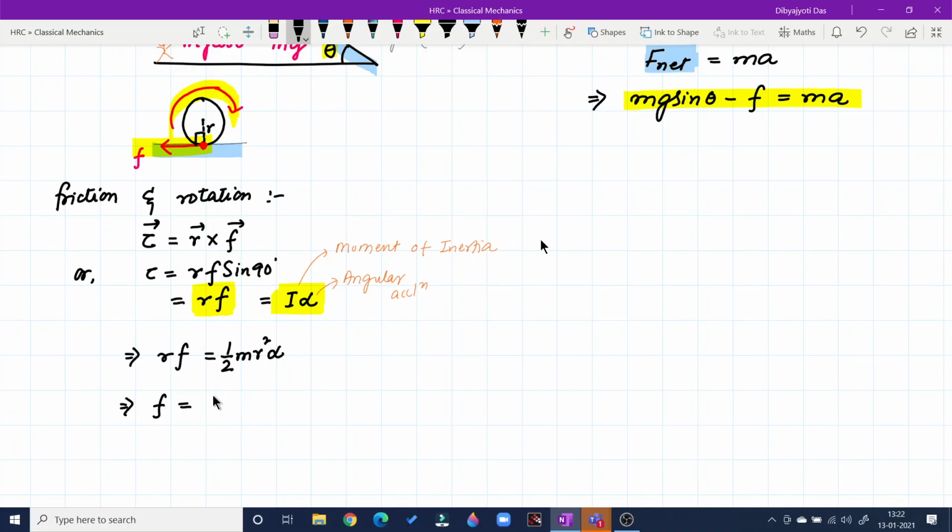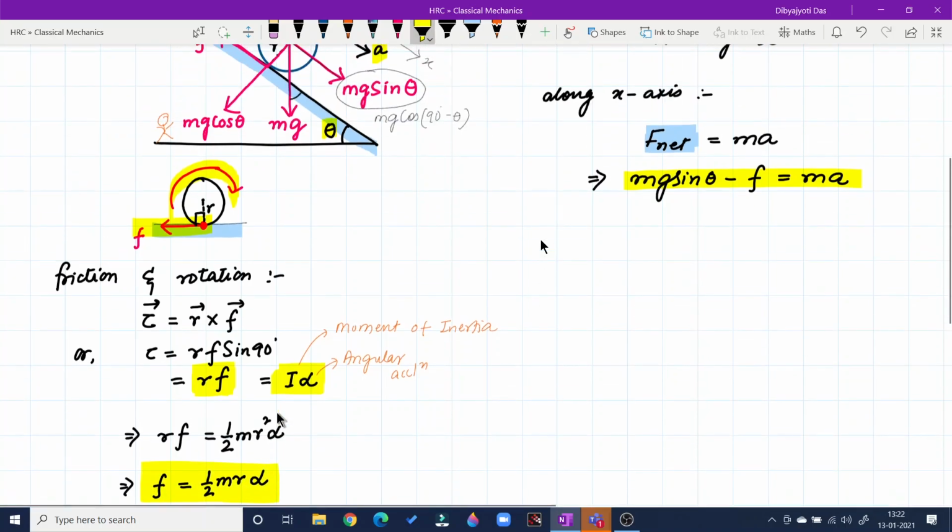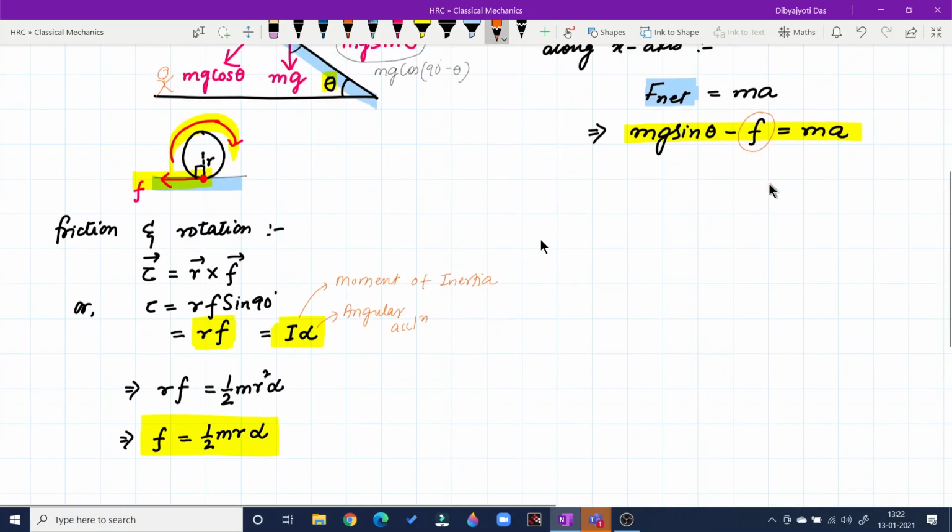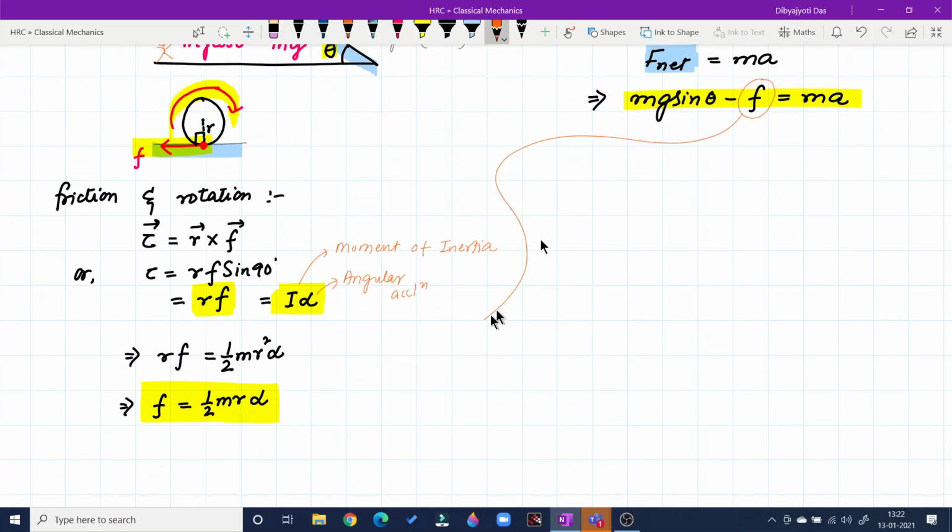So friction is equal to, r gets cancelled, half m r alpha. Okay, this gives us the relationship for friction. So now I have something to put here. Okay, I can put this here.